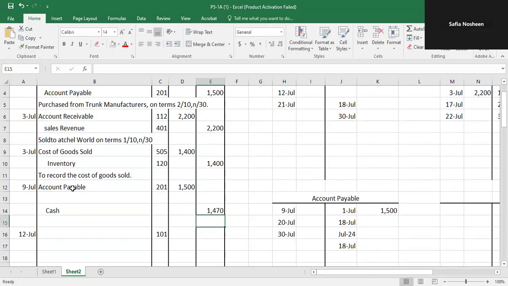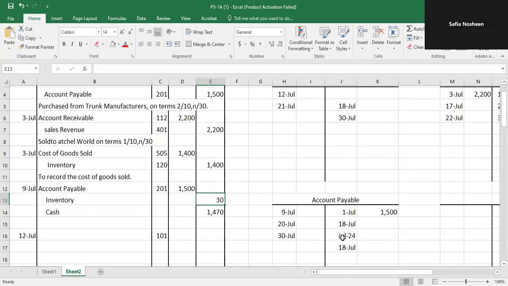So we will pay 1470, and the difference is our decrease in our inventory account. So this $30 will be the decrease in the inventory account due to purchase discount. But for a perpetual inventory system, we will not make any purchase discount account. We will directly credit it to the inventory account.